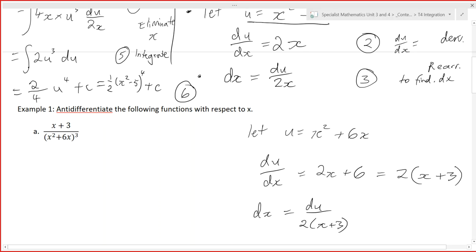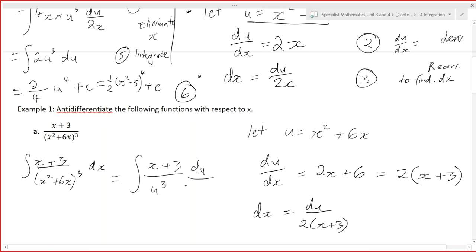Okay, then we're going to substitute in. So the integral of all of this equals, and subbing it all in, and then simplifying.